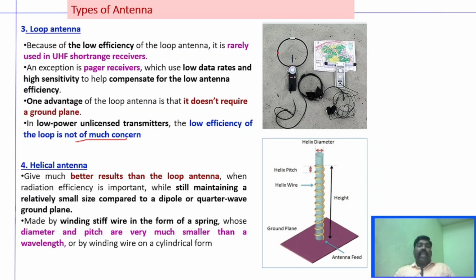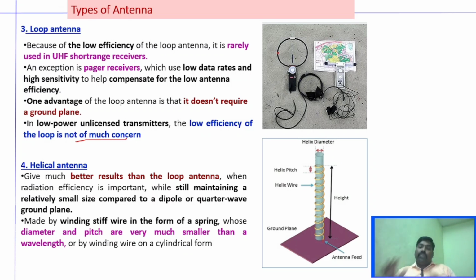And what is helical antenna? Helical antenna provides better results than the loop antenna. It has an almost similar structure, but with some geometrical variations, right? But it still maintains a relatively small size compared to dipole and quarter wavelength.